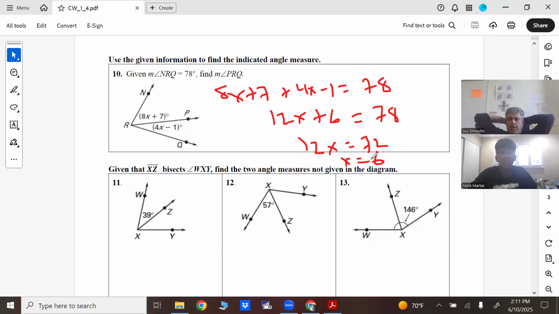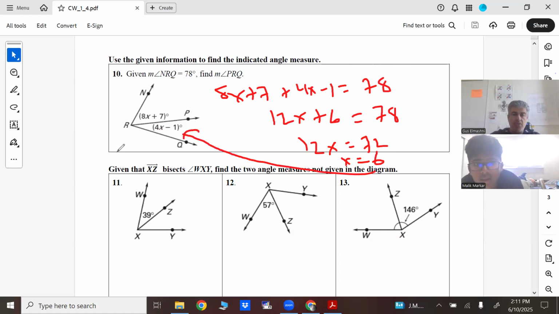Does that make sense how I got x? Yeah, it's just algebra. But what is the question? To find P or Q. Right. So then what I do is I plug 6 into here. I should get 23 degrees.